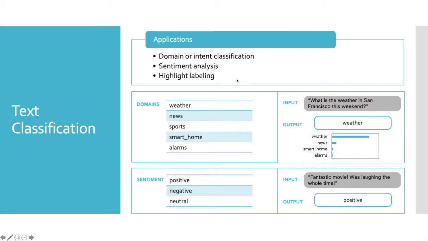Highlight extraction or meeting summarization or topic summarization can also be modeled as a text classification problem. For every sentence in an article or a meeting transcript, you can output a binary label of whether that was a highlight or not.